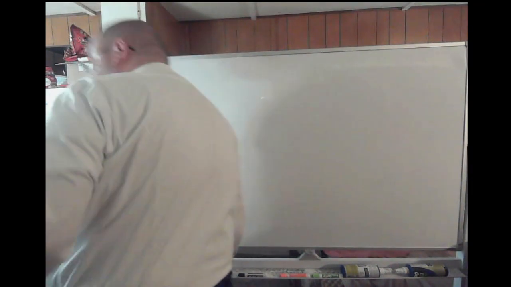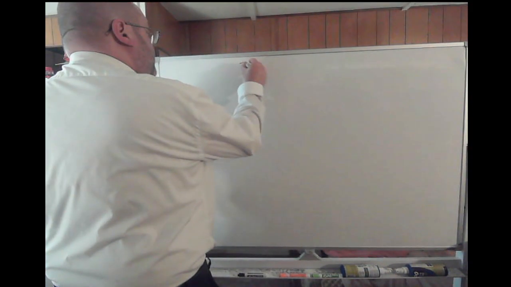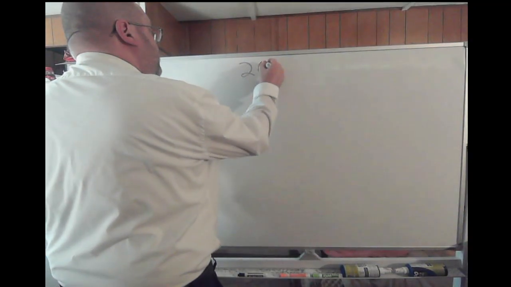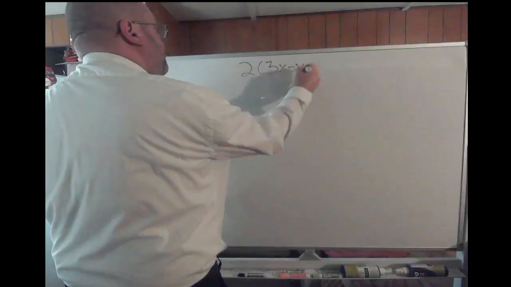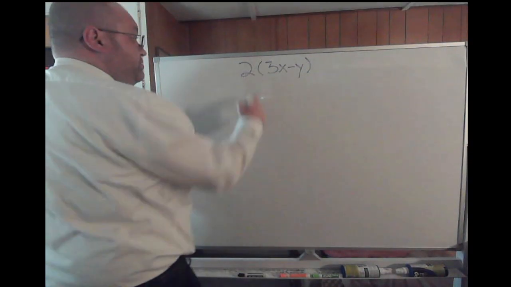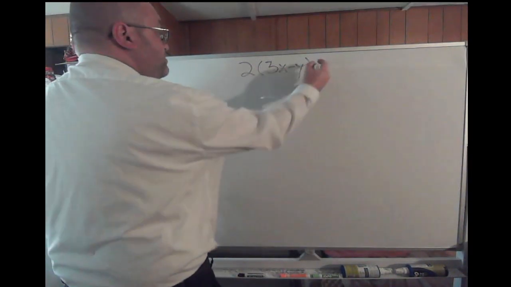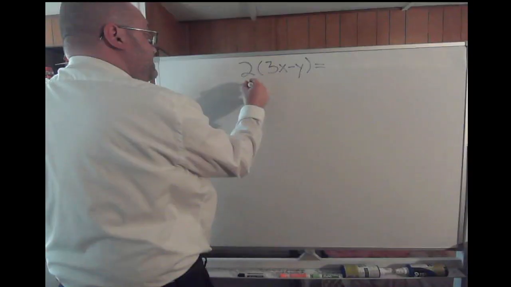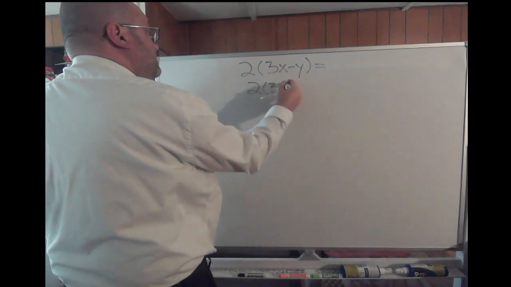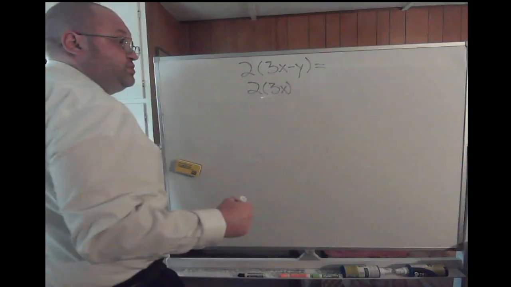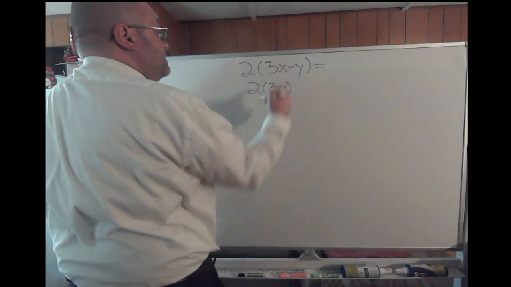Alright. We got 2 times the quantity of 3x minus y. Well, what we're going to do is we're going to take that 2 times that 3x. Remember that 3x minus y, we want to treat like 3x plus negative y.